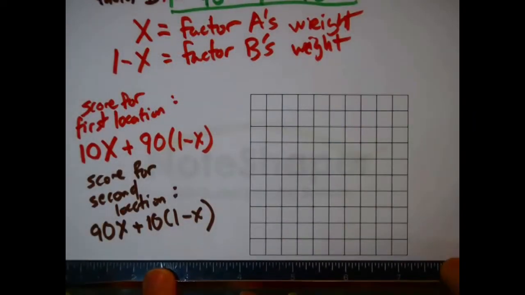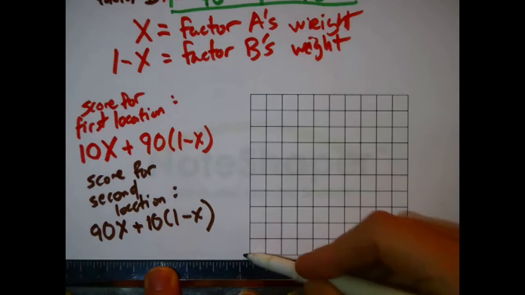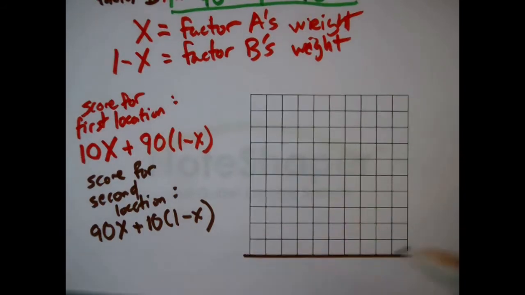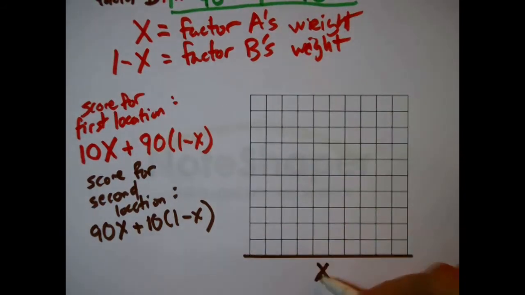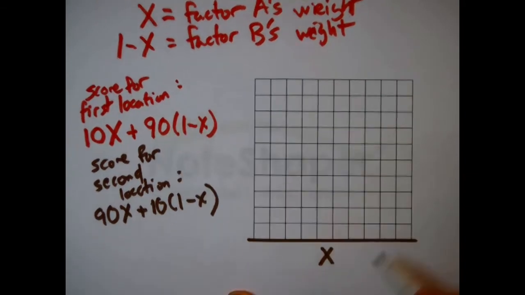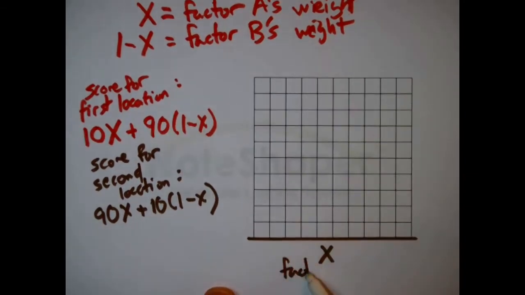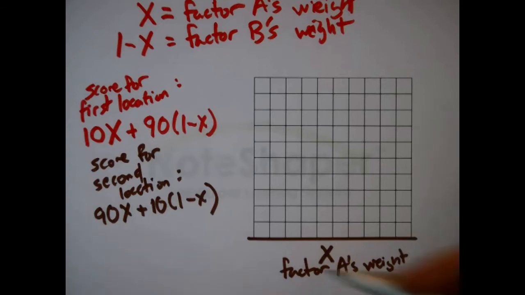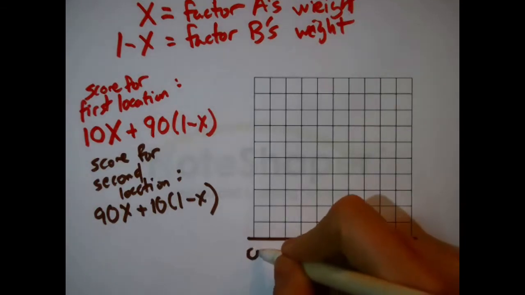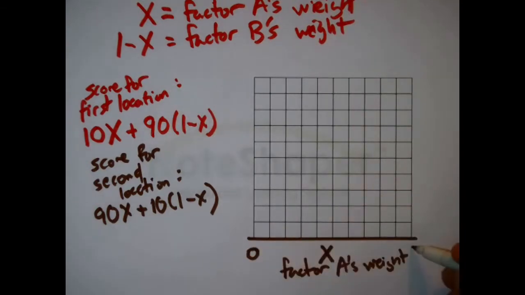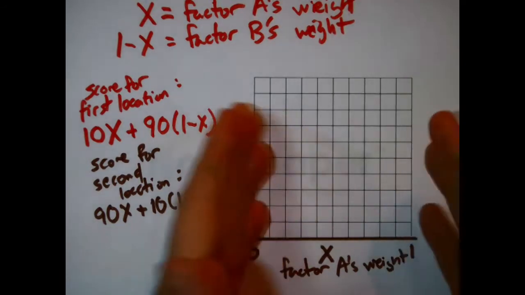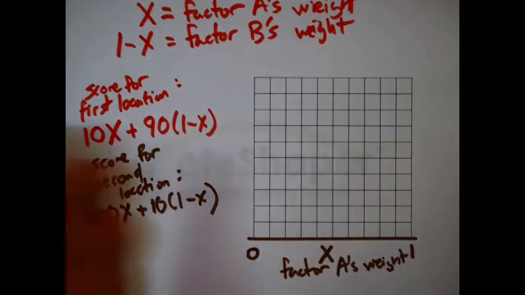Our dilemma is that we don't know this value of x, right? Which is factor A's weight. We don't know it, except we do know something about it. Can't be anything less than 0, and it can't be anything more than 1, because anything on the other side of that is just not rational.